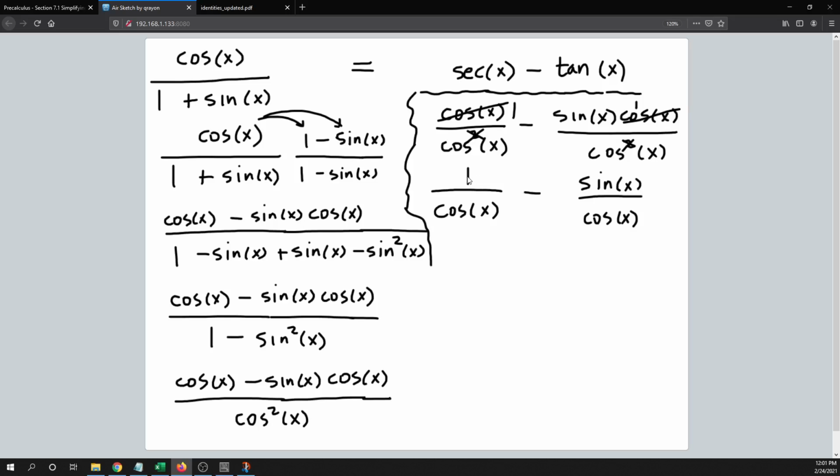You could put that as 1 minus sine x over cosine x if I wanted to, but that's not really what I want. I want to make it match this right-hand side over here, where I have secant minus tangent. Using the reciprocal and quotient identities, 1 over cosine x is exactly the same as secant x.